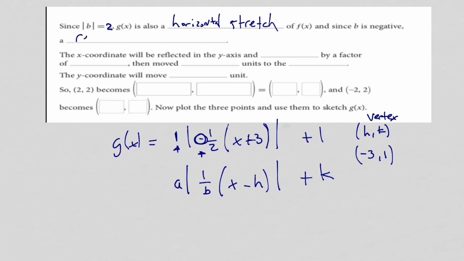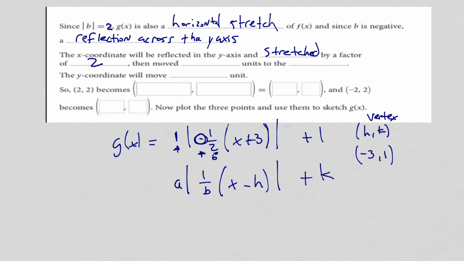So a reflection occurred as well. The x-coordinate will be reflected in the y-axis and stretched by a factor of 2, because that's how much b was. There's our b right there.